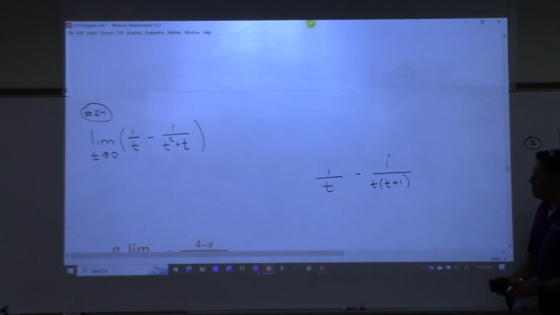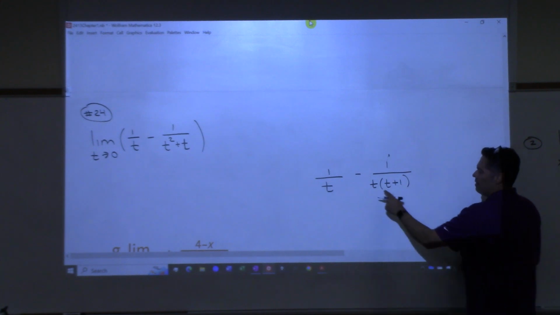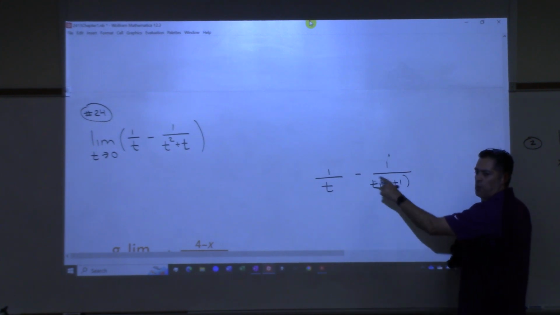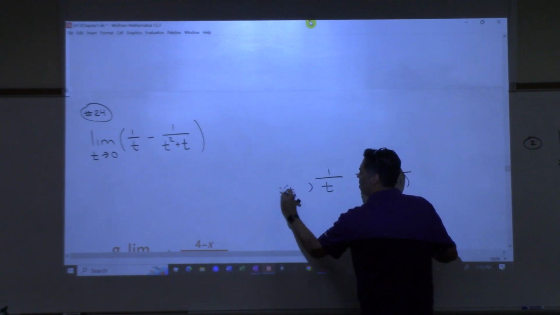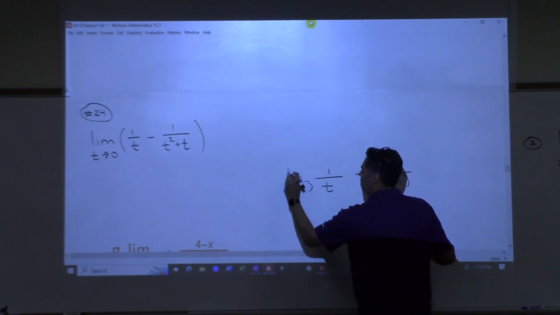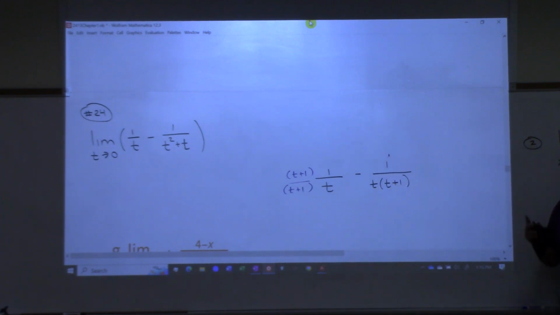And what that helps me see is that to get a common denominator, all I need is a t plus 1 in both of them. So I'm just going to multiply this fraction by 1, right? But the one that I'm going to use is t plus 1 over t plus 1.